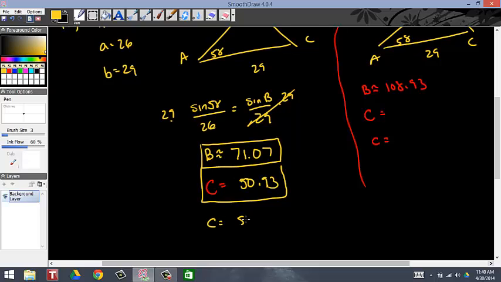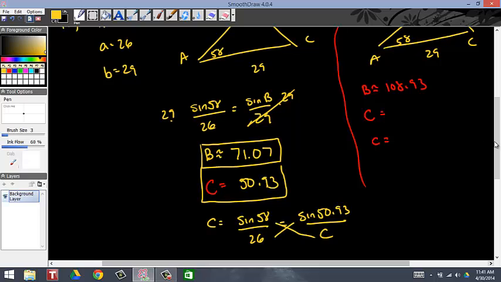And now you just do law of sines again to find the measure of side C. So that's going to be sine of A over 26. Sorry, A should be 58. I apologize. Equals sine of 50.93 over C. And then from here you just cross multiply.